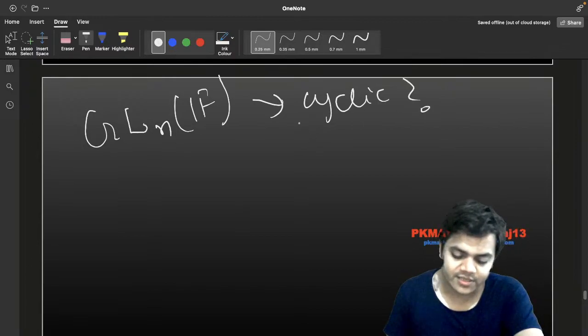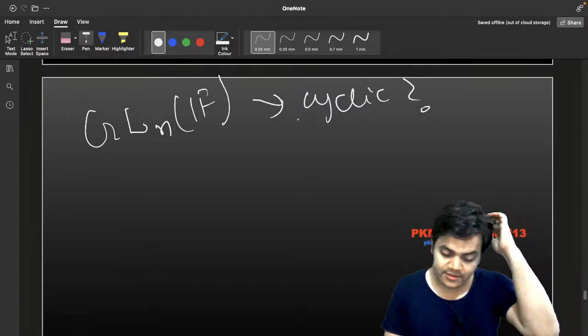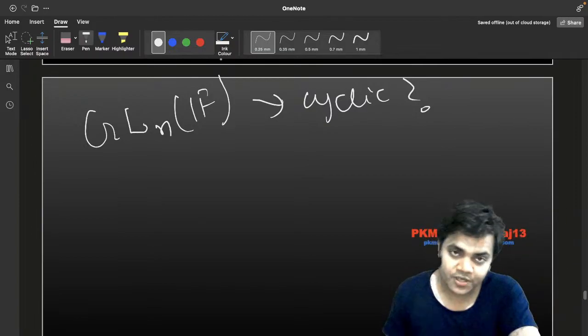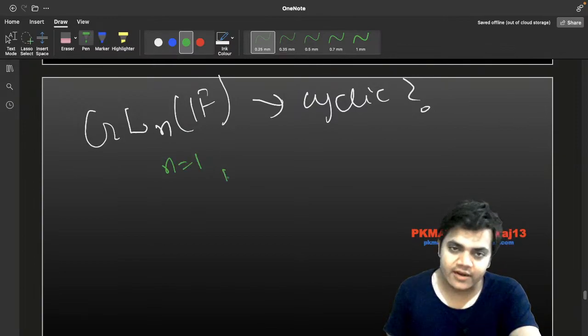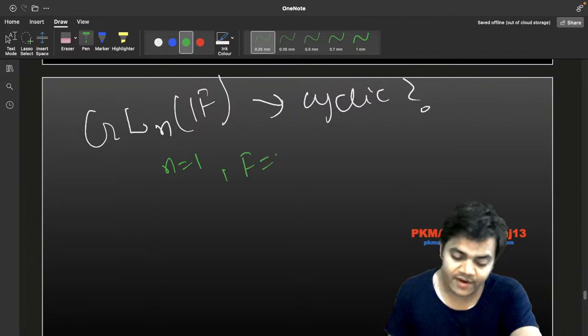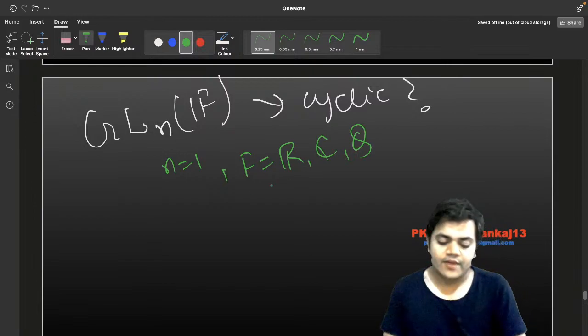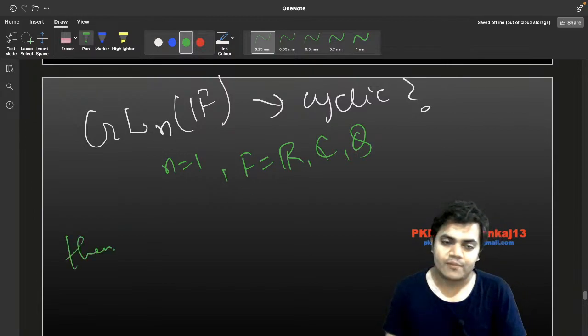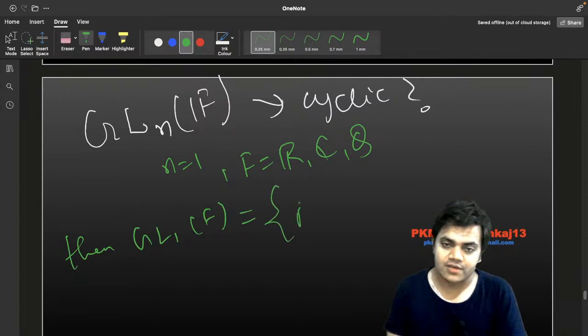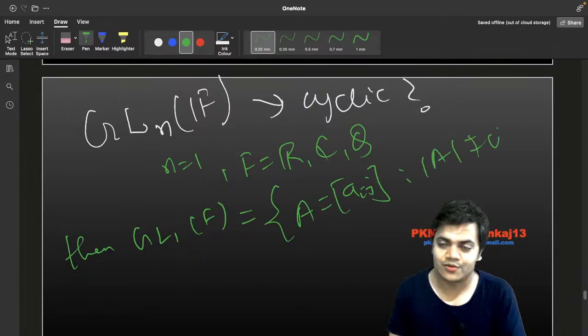Once again you will see and say that this is not going to be a cyclic group even for n equal to 1, because if we have n equal to 1 and we take our F as the set of reals or complex or rationals, then what is going to happen? GL1F, what is going to happen? So actually we will get the elements, matrices of order 1 by 1 with determinant non-zero.